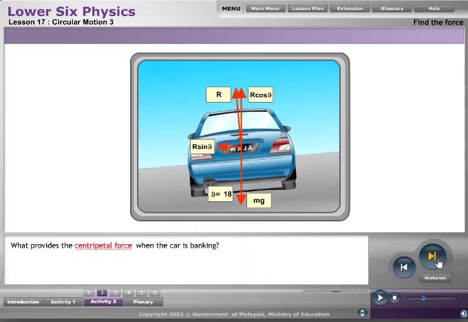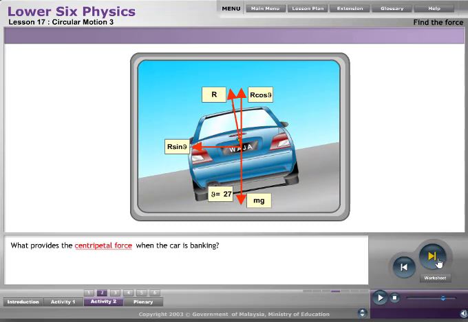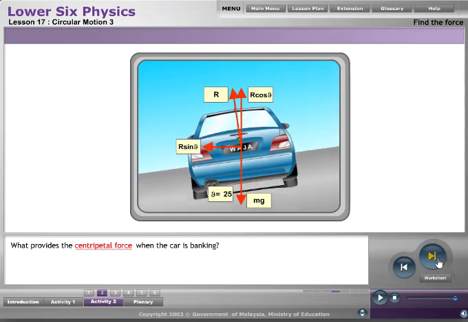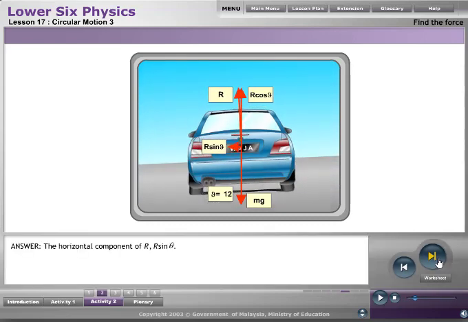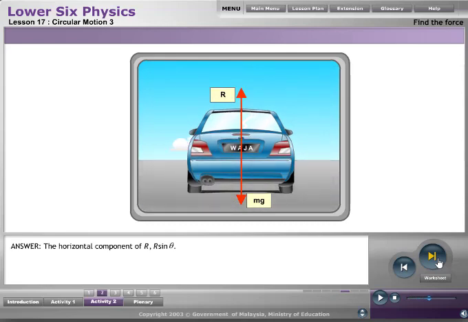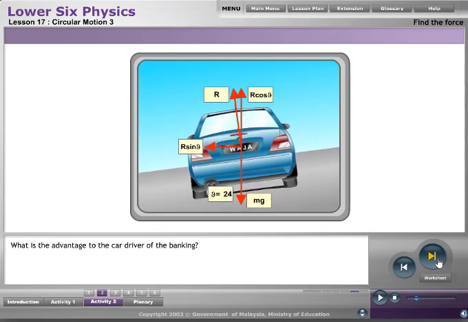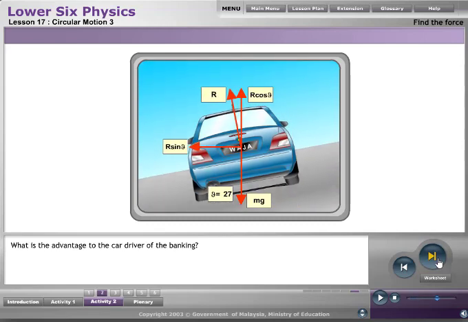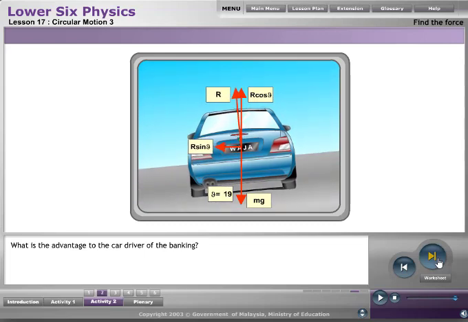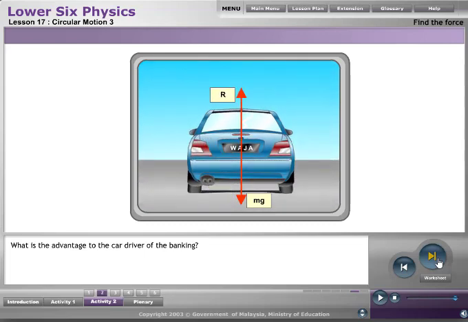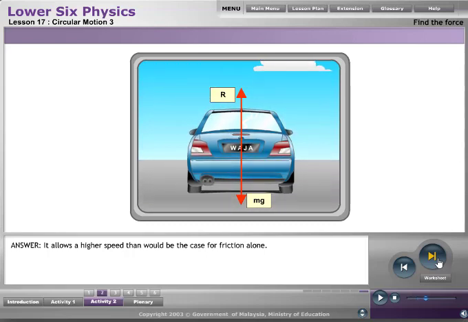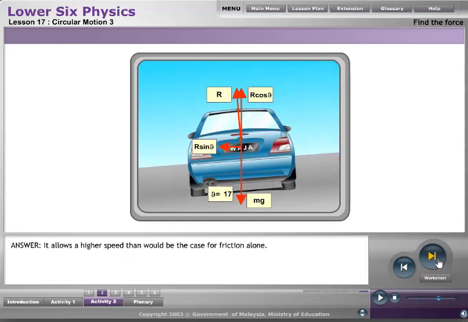What provides the centripetal force when the car is banking? Answer: the horizontal component of R, R sine theta. What is the advantage to the car driver of the banking? Answer: it allows a higher speed than would be the case for friction alone.